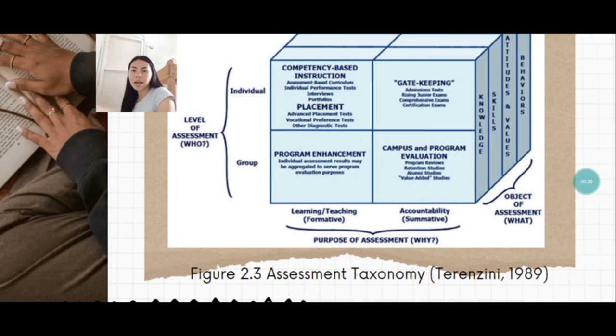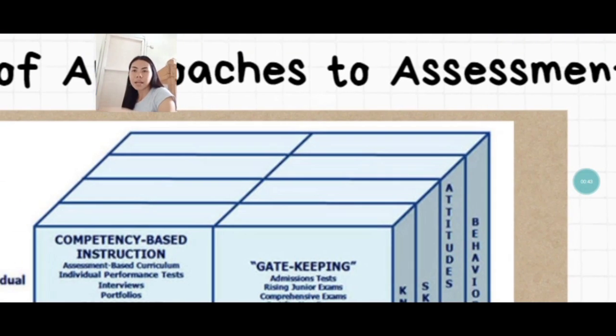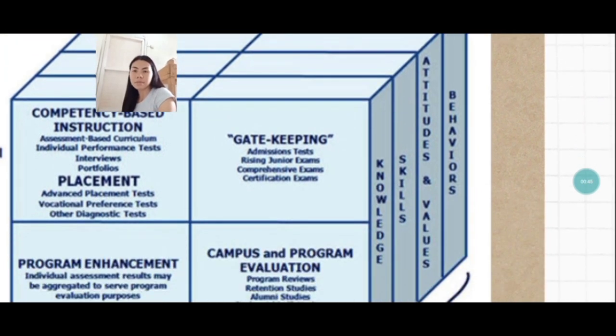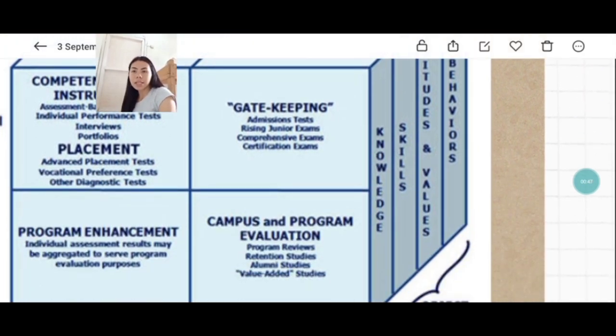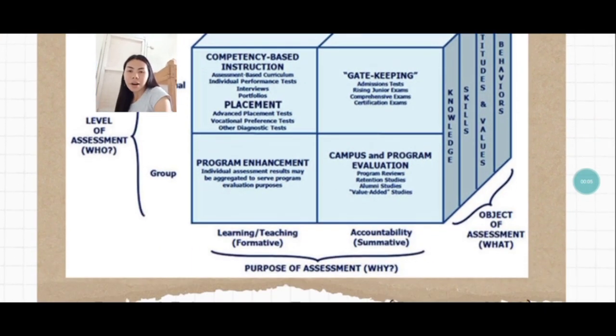And we have here four dimensions in this taxonomy of approaches to assessment, which are knowledge, skills, attitudes and values, and behaviors. And these belong to the object of assessment, or what we need to know or what we need to achieve.